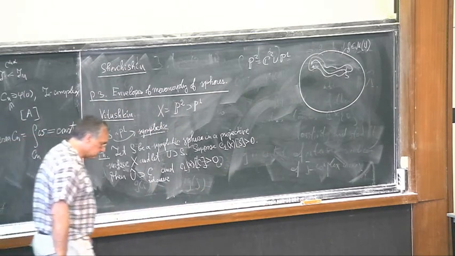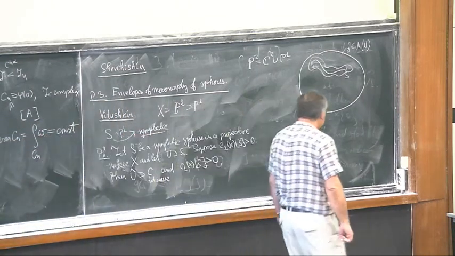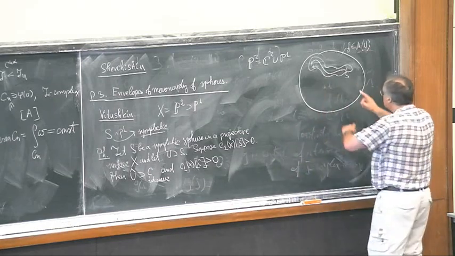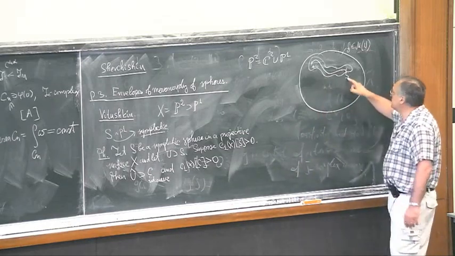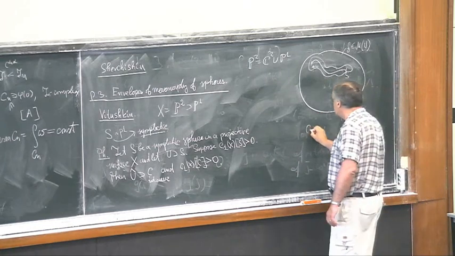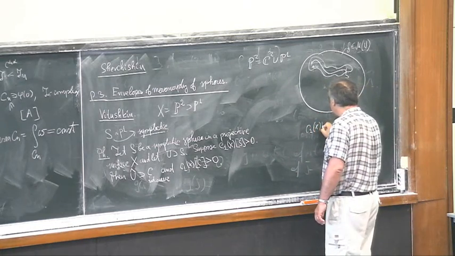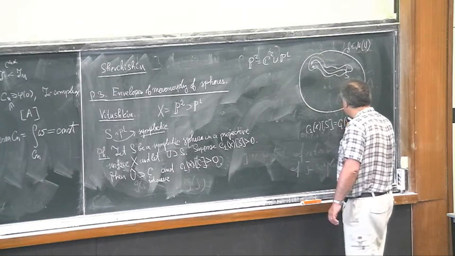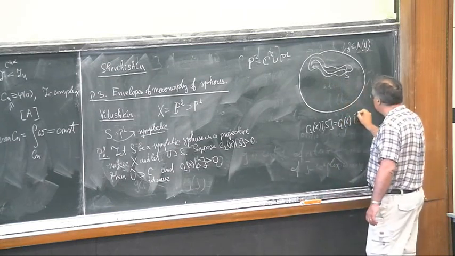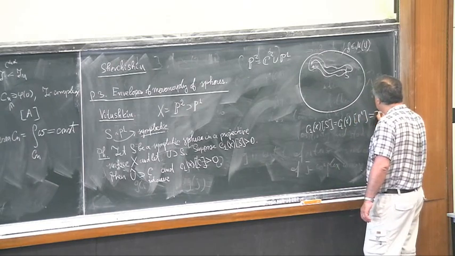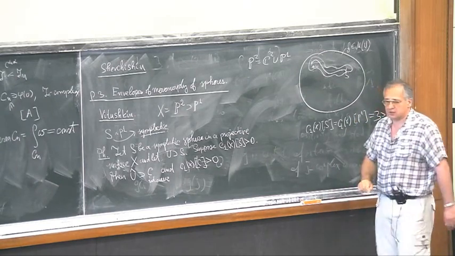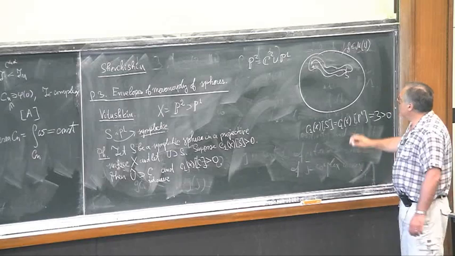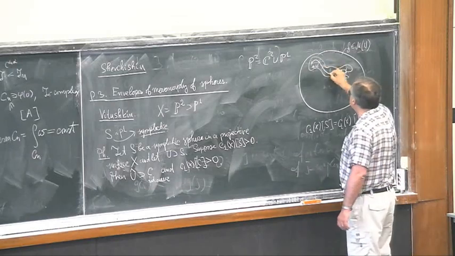So in our case, the Chern class on S is the same as the Chern class on P1, so the Chern class of P2 on P1, which is 3. So this is positive.